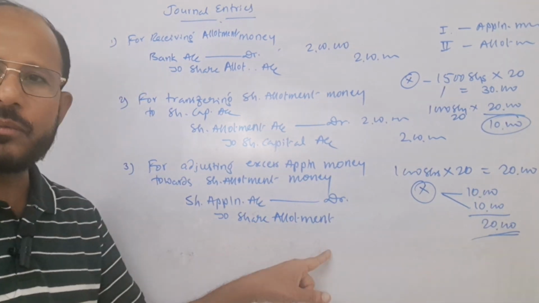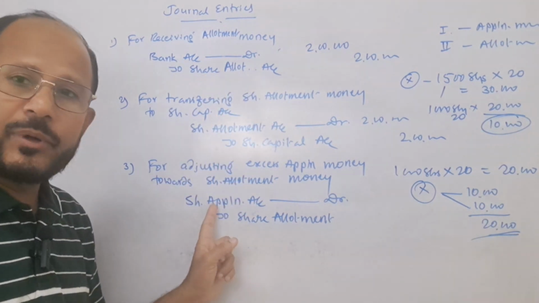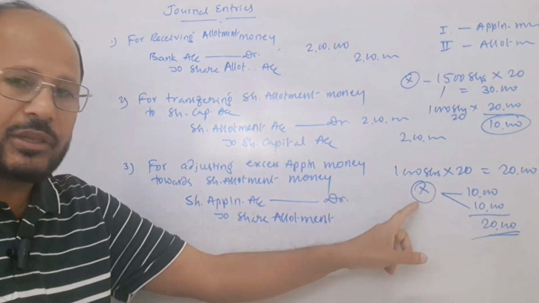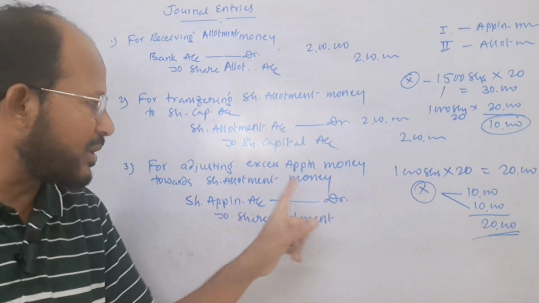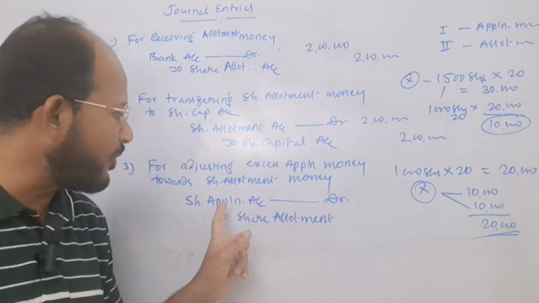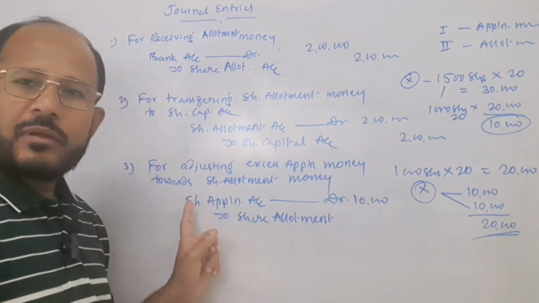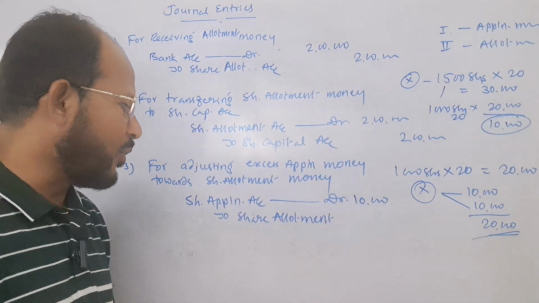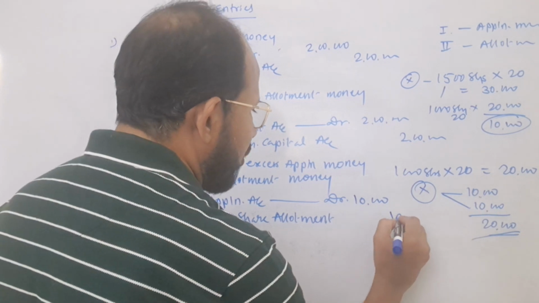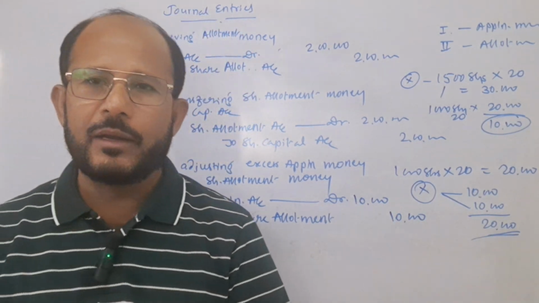Bank account to share allotment account. But this time, company is not collecting rupees 10,000 from Mr. X. Therefore, in order to adjust this excess application money, this journal entry is to be passed. From where will this rupees 10,000 be taken? From the application money. Therefore, share application account is to be debited with the amount of rupees 10,000, and share allotment account is credited with the amount of rupees 10,000.